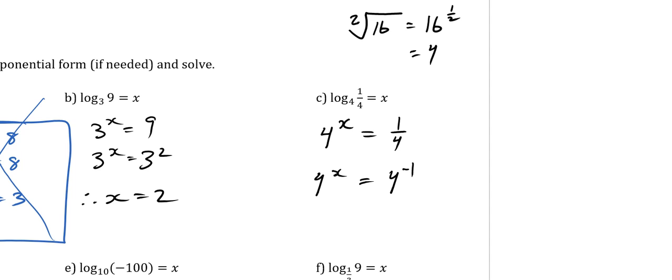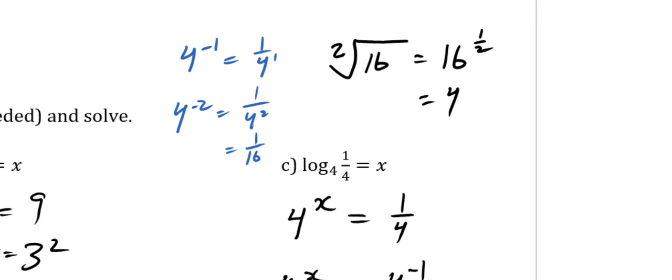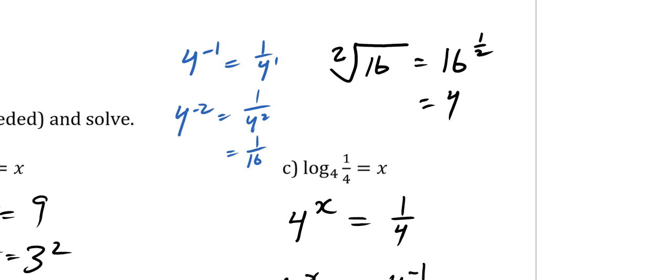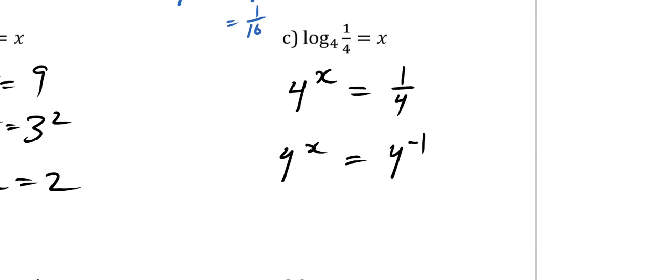But then 4 to the -1 is 1/4 to the +1, which is 1/4, or 4 to the -2 is 1/4 squared, which is 1/16. So if you want to write those down and refresh yourself of those little rules from grade 11, that's stuff you've already learned, but that's going to be super important. We're reviewing it a bit today, but basically you need to be able to do this stuff starting now because the questions are going to have these. Good, so therefore my answer is -1.